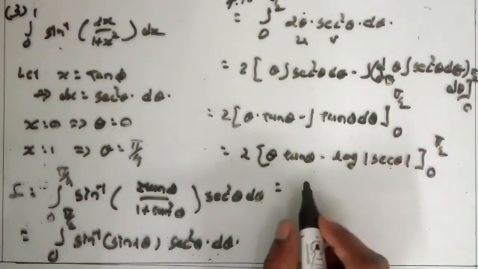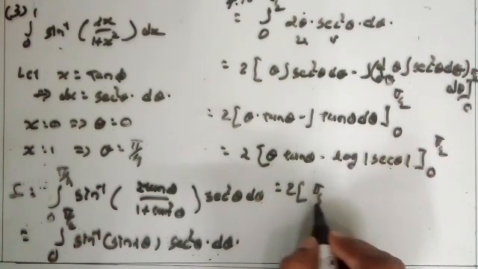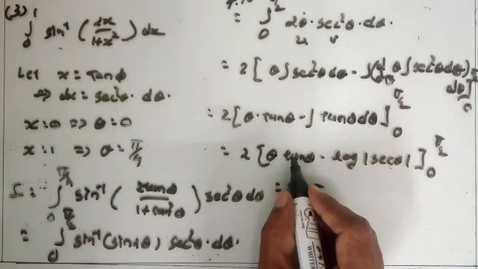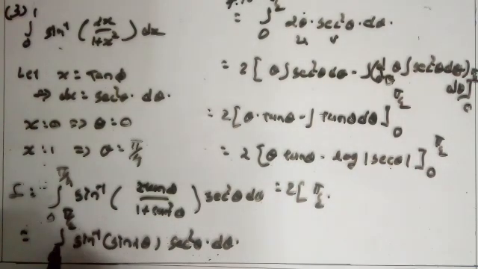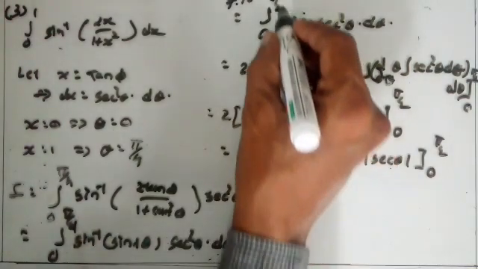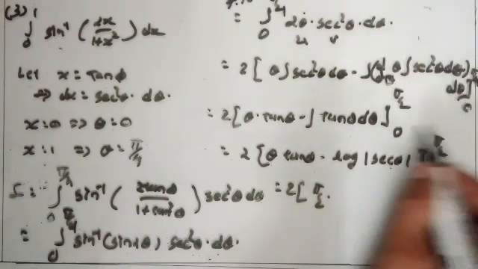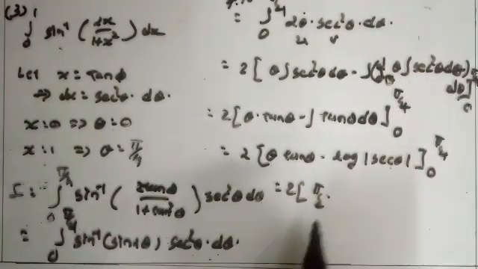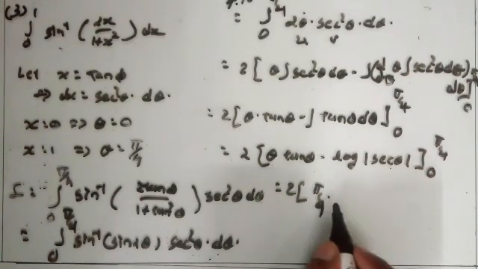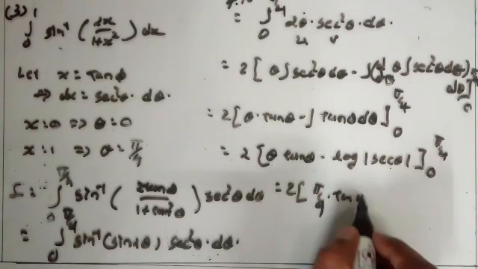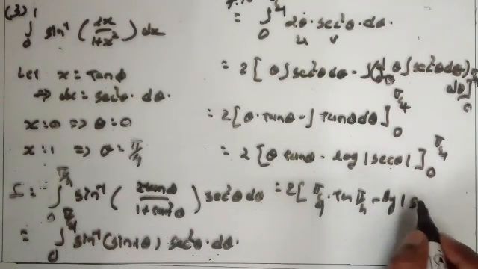Now apply the limit. Theta is equal to pi by 4, sorry, the limit is 0 to pi by 4. So put theta equal to pi by 4, then this becomes pi by 4 tan pi by 4 minus log sec pi by 4.